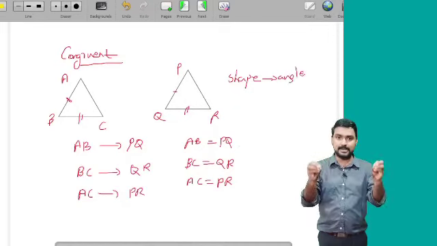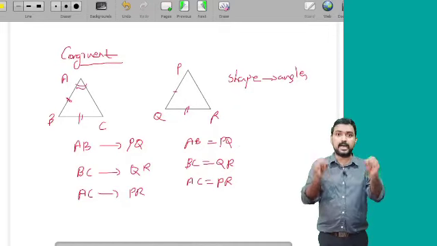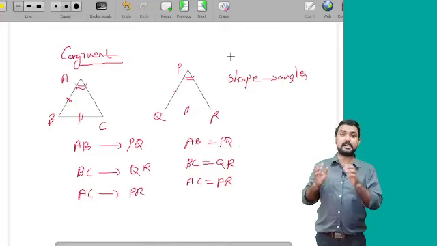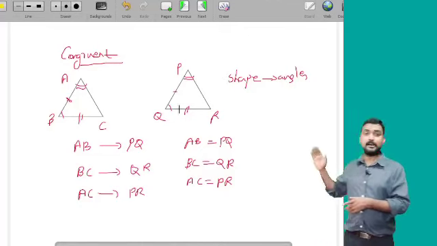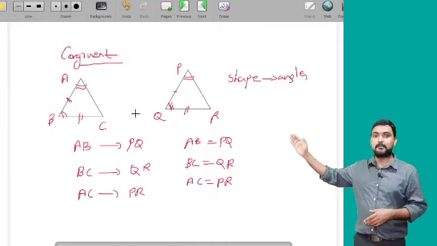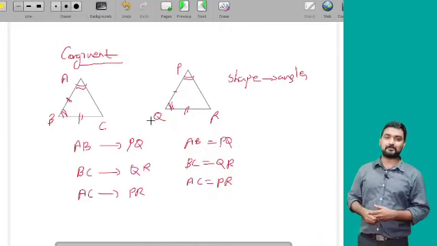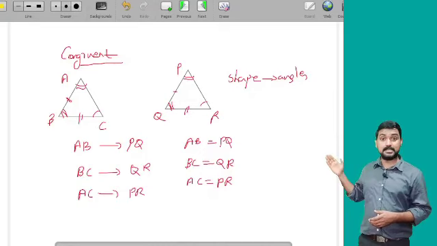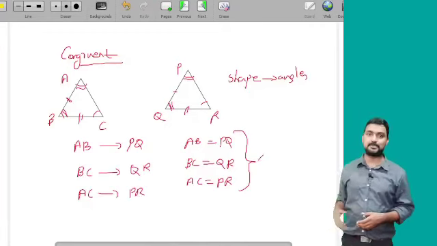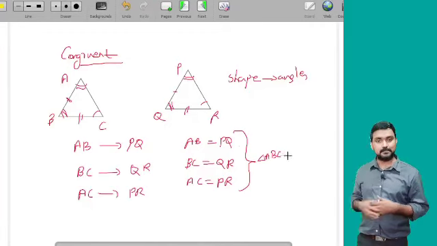If two triangles are equal in their shape and size. Size is related to measurement. Shape is related to their angles. So here triangle ABC's angle A is equal to angle P of triangle PQR, and triangle ABC's angle B is equal to triangle PQR's angle Q. So those angles are corresponding angles.